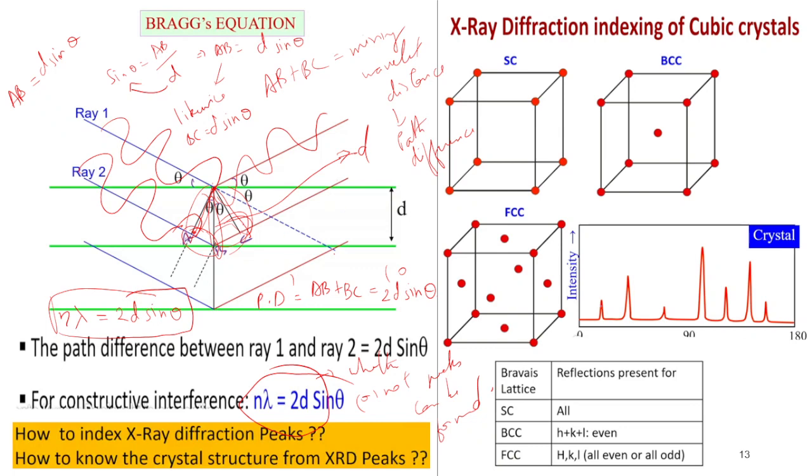Okay. This is clear, right? The Bragg's equation and the constructive interference. If you know the formula, that's enough. Theory and all is not that important for GATE. So formula is important. What you have to know is for X-ray diffraction indexing, different structures like simple cubic, body centered cubic, FCC, even HCP, have different types of reflections.